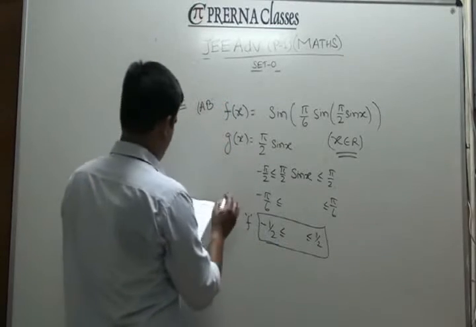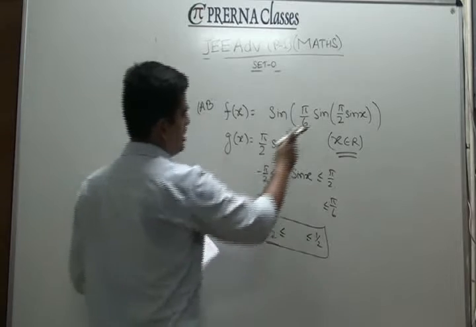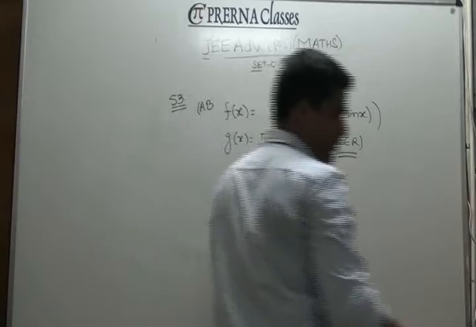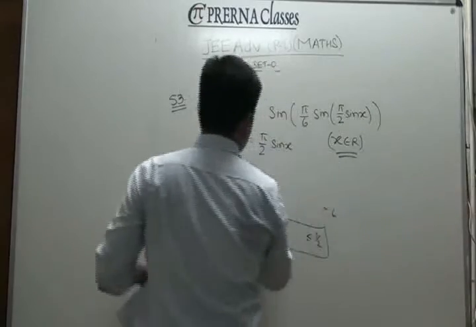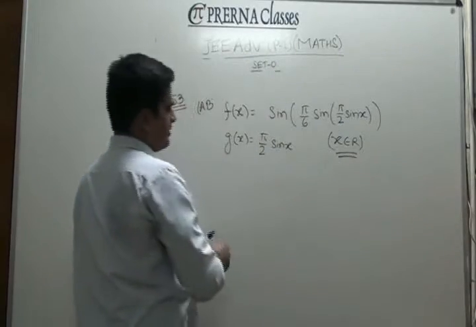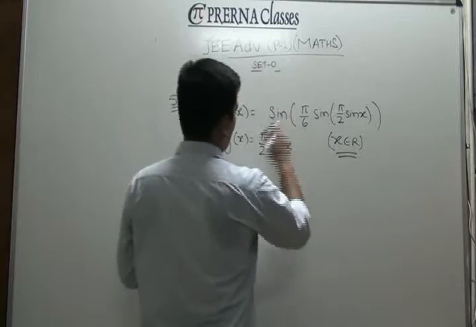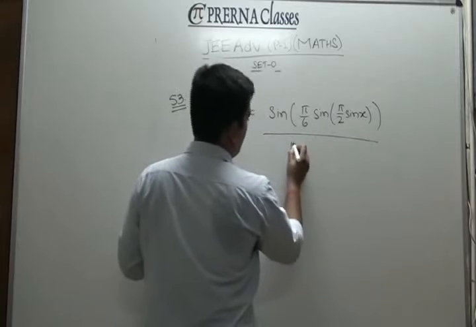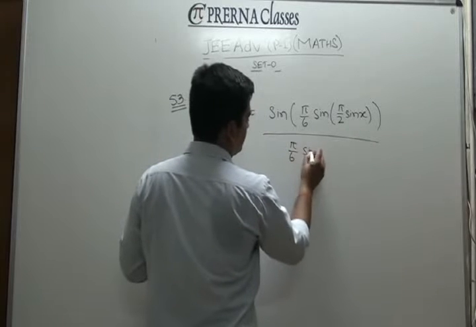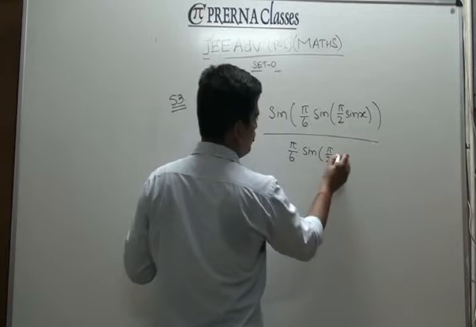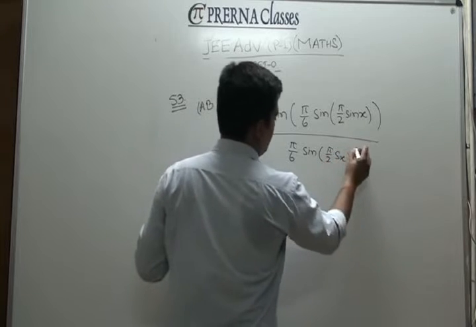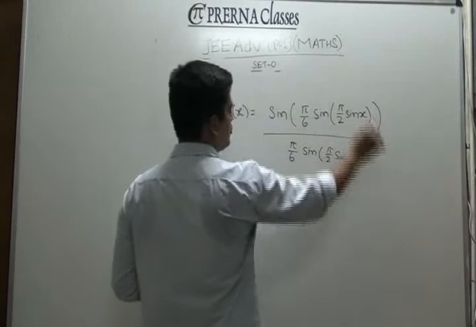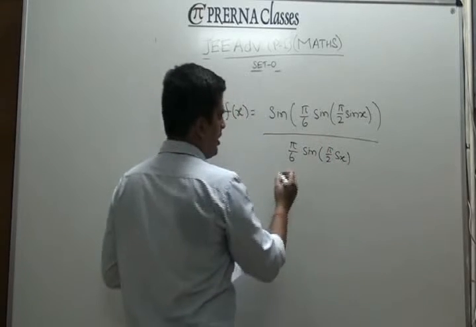Then you have the limit of the f by g function. If you take the limit of this by this, as x approaches 0, you can clearly check that this whole function f of x by pi by 6 sine of pi by 2 sine x, if I multiply with this quantity, and obviously I'll divide with the same, this value is going to be approaching 1.